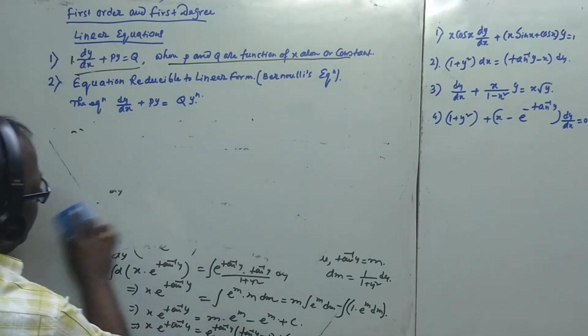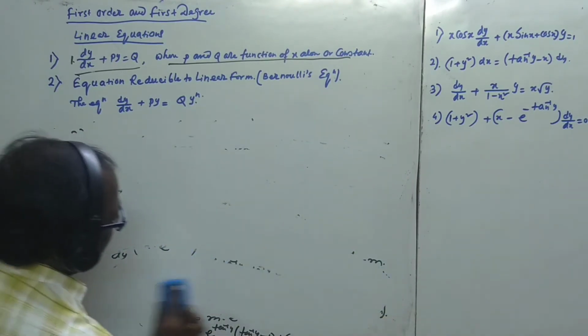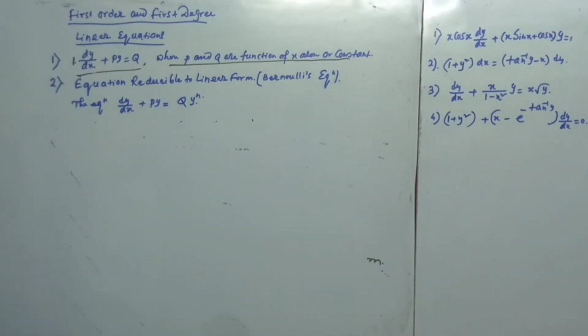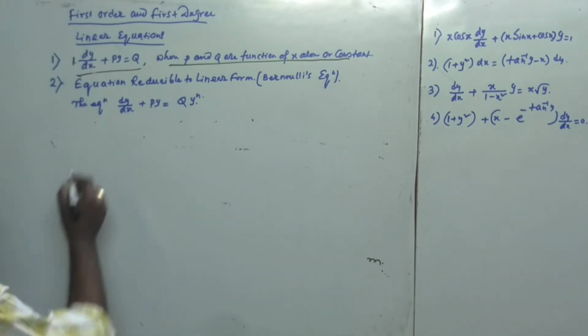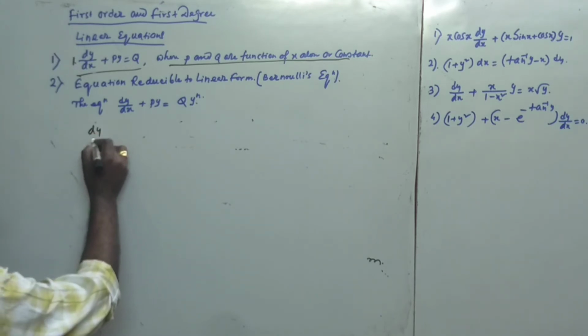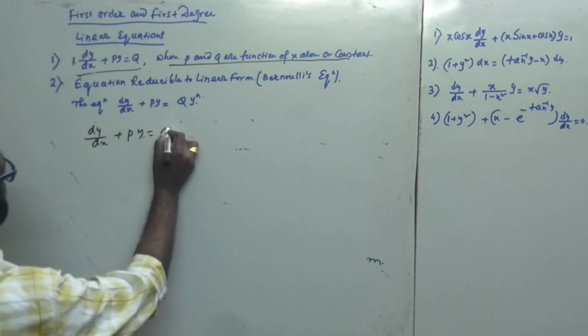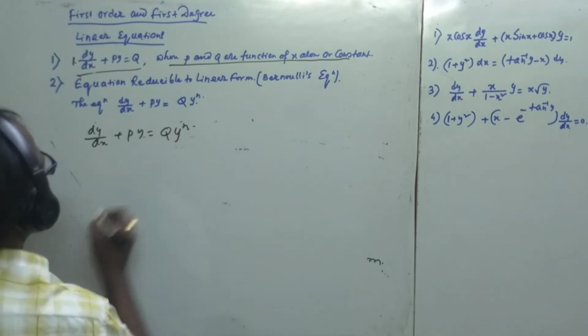Next problem, that is Bernoulli's: dy dx plus py is equal to qy to the power n.